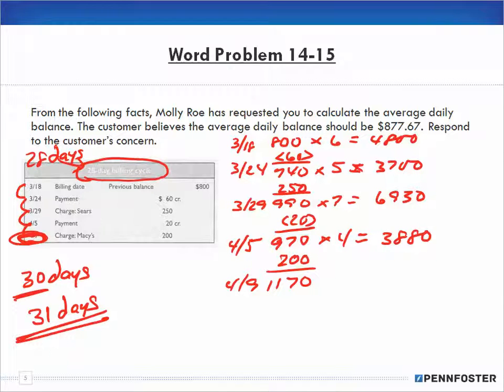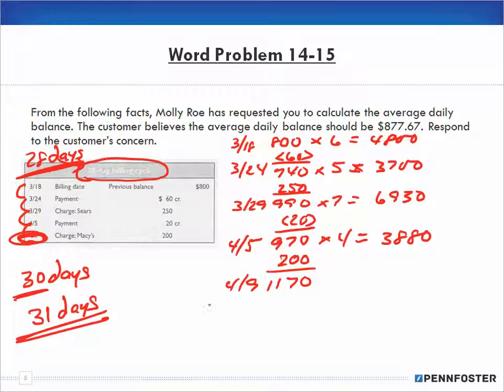But this billing cycle is 28 days, and it's telling you it's 28 days. I can't just assume, because I saw an example in the book, that it's 30 days. If you do, you're wrong, because you're just replacing numbers. You have to think about the concepts and apply them to the situation.